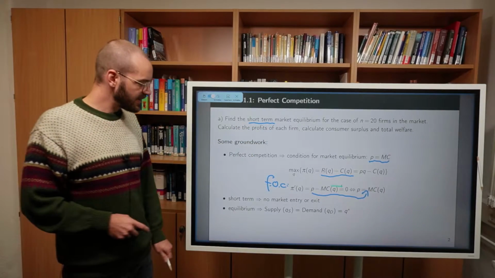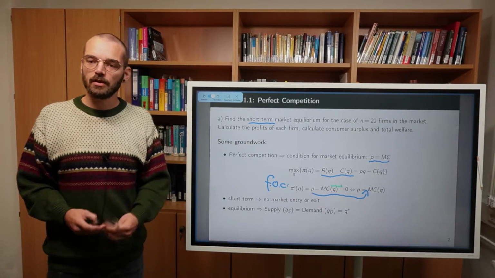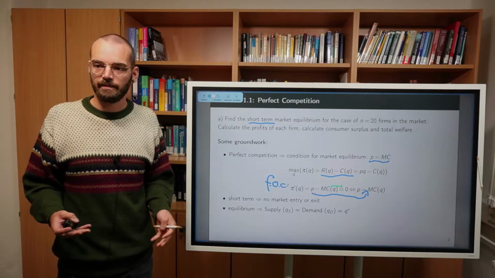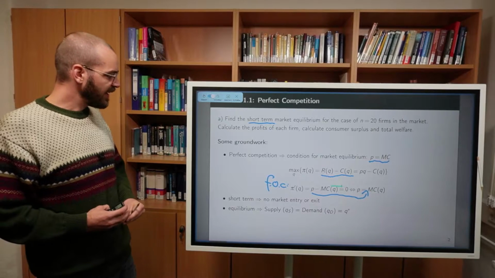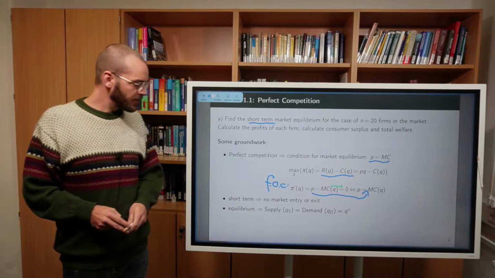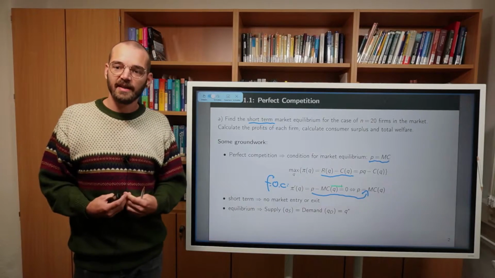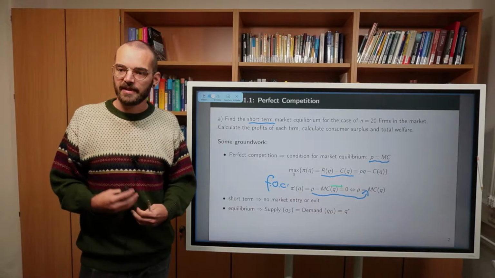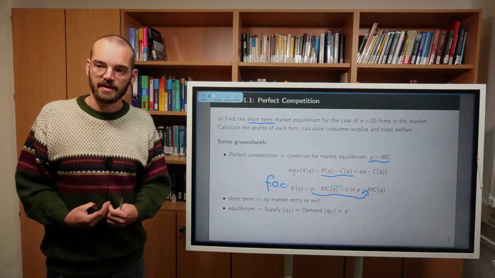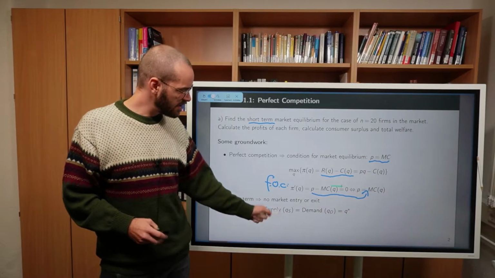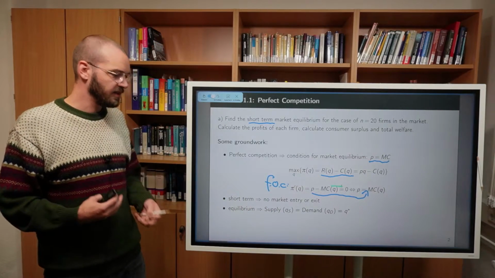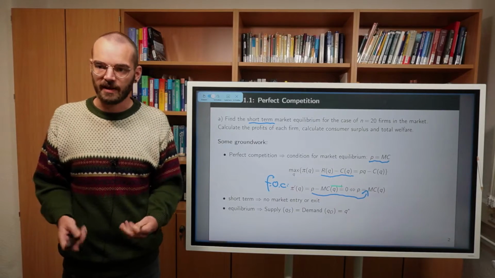Short term implies that there are no market entries and no market exits. No more, no less. And then finally, in order to find the equilibrium, we of course have to find the situation where the supply equals the demand, right? So the supplied quantity needs to equal the demanded quantity in the market.